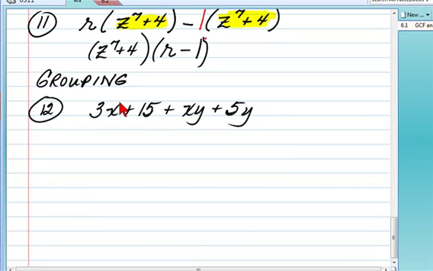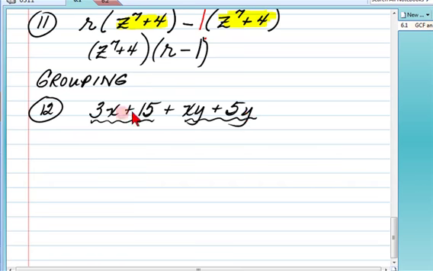Now, there really are a lot of different ways that you could group these. There's only one way I'm going to. It's not a matter of right or wrong. I'm going to group the first 2, and I'm going to group the second 2. And it'll always work. So why make it hard and say, oh, I'd like to take the first one and the last one? Oh, please don't. Just take them as they are.